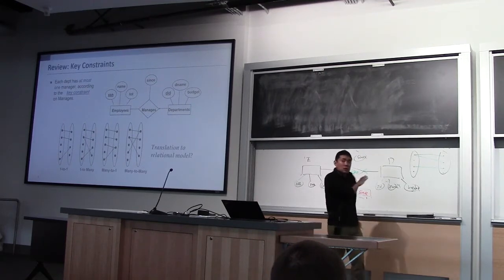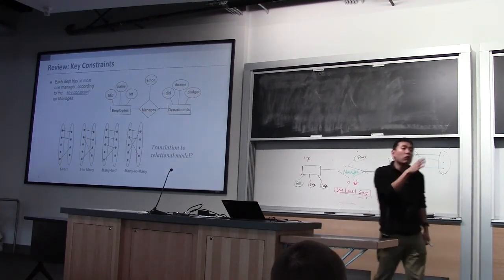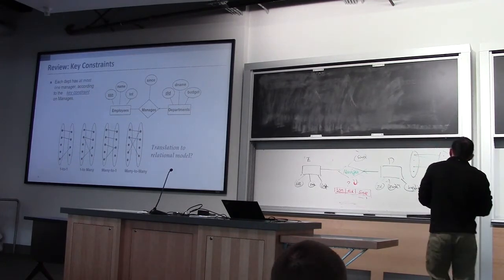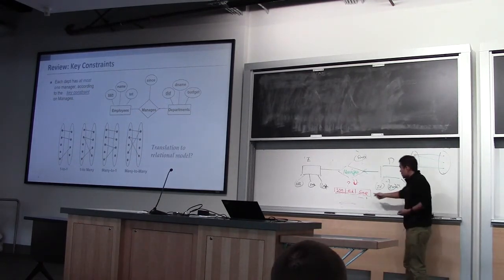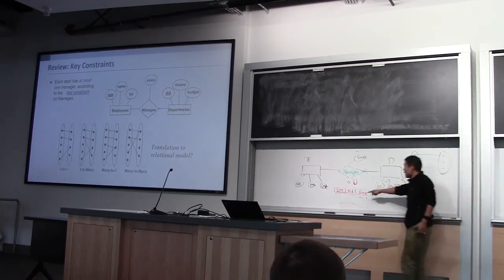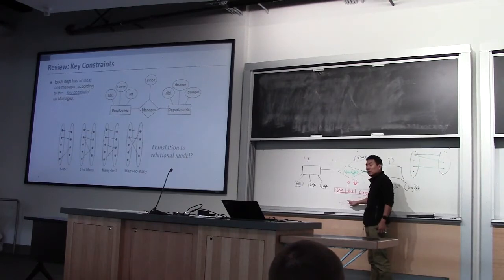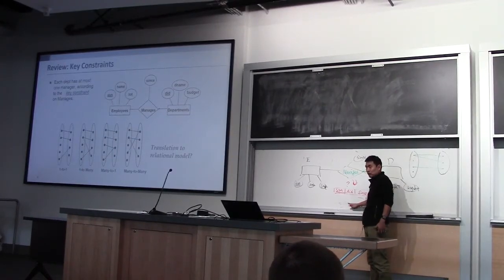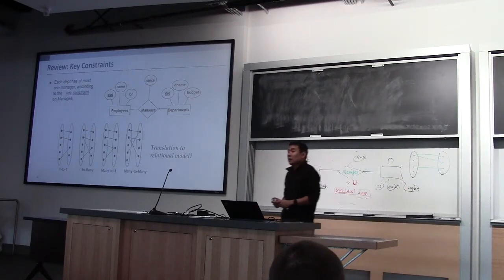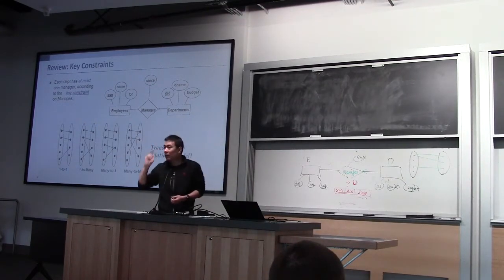This works, however, it overcomplicates things for the following reason. If you look at this particular setup, what can you claim about the DID value in the manages table? Go ahead. It's a key. It's a key, yes, but why is it a key?